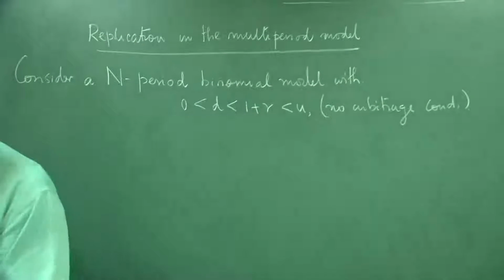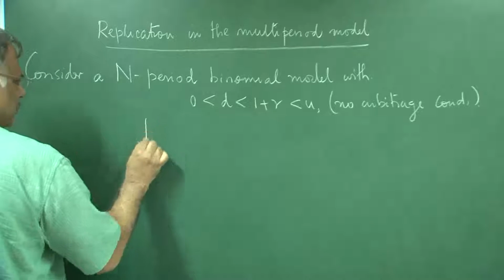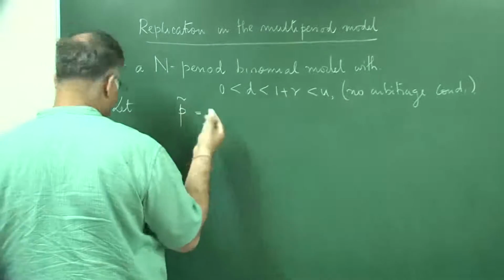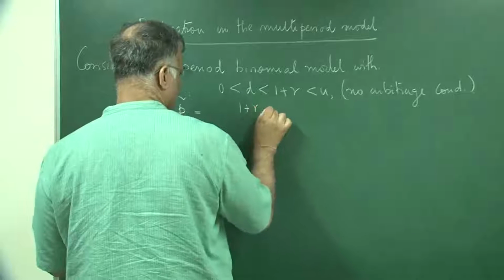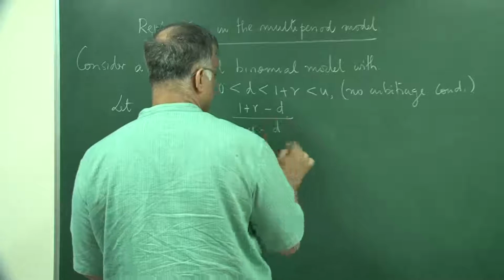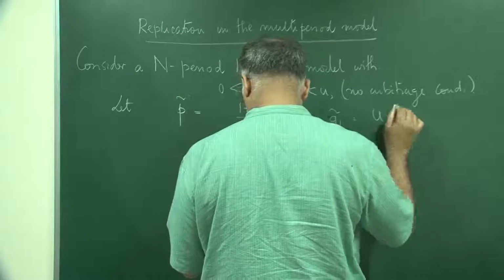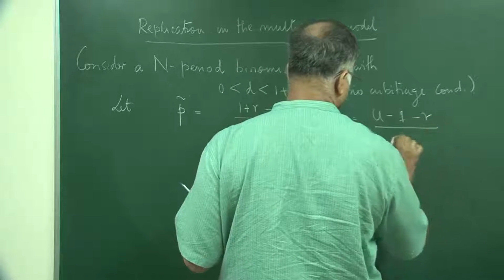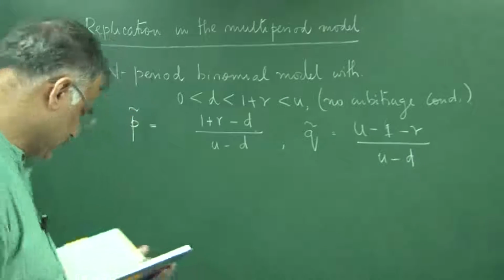Fine. And of course, consider the risk neutral probabilities. Let P tilde and Q tilde be the risk neutral probabilities, given as P tilde is 1 plus r minus d by u minus d, and Q tilde is u minus 1 minus r by u minus d. So, this is there.